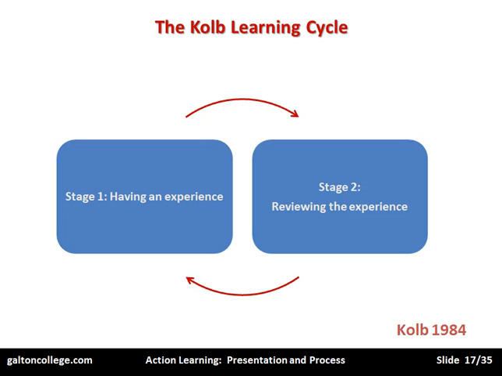Or if it's in marketing, a big share of the market was lost because some action was taken which did not go down well with the market. So it's a question of reviewing the experience. What happened? What caused it? And trying to understand whatever the issue is.